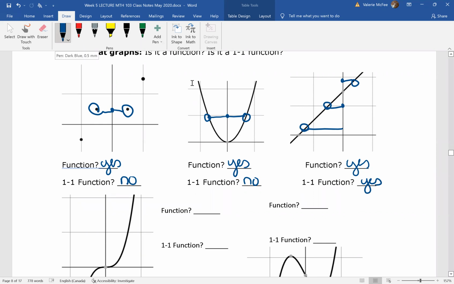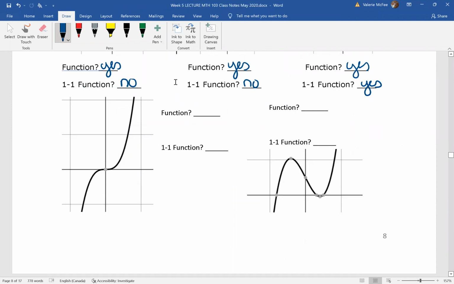Can you look at the last graphs here and decide whether or not they are one-to-one functions and functions? We know the first one here is a function. It's a cube function. Is it one-to-one? Yes, it is. I know it looks like it's flat here, but it's not flat.